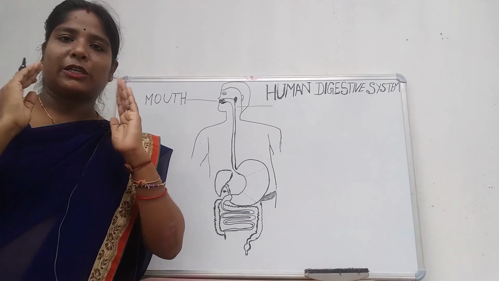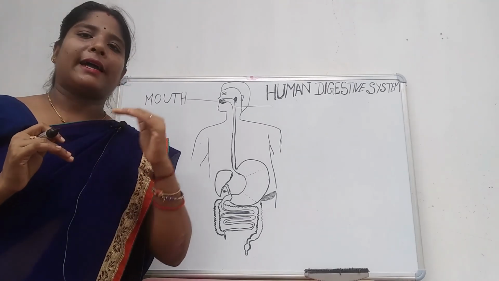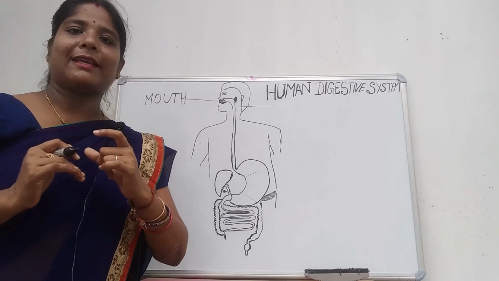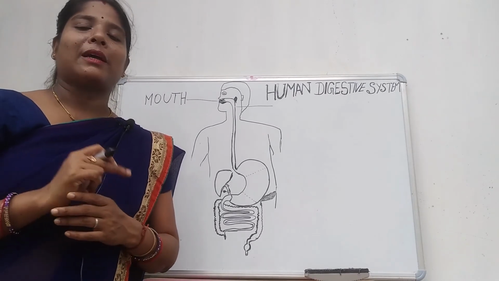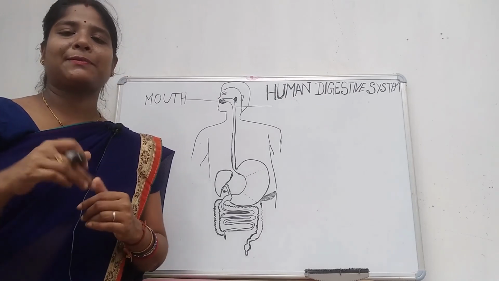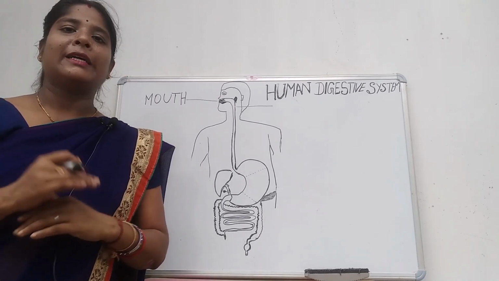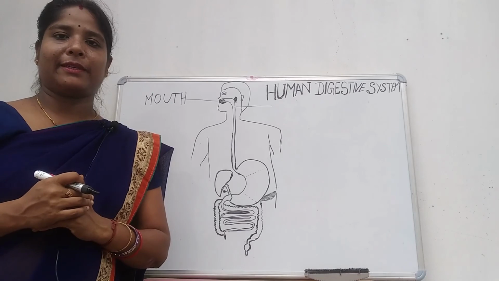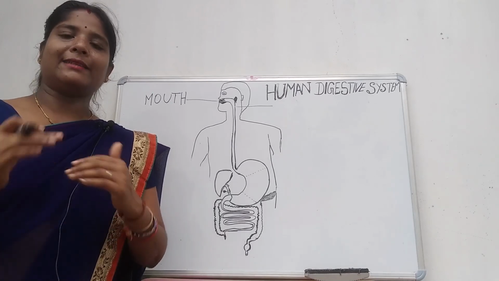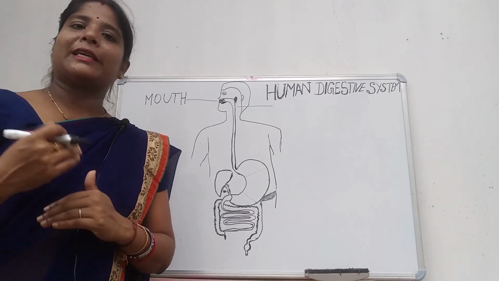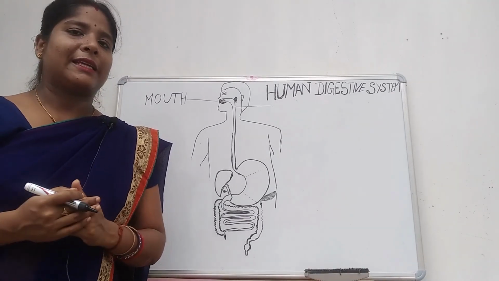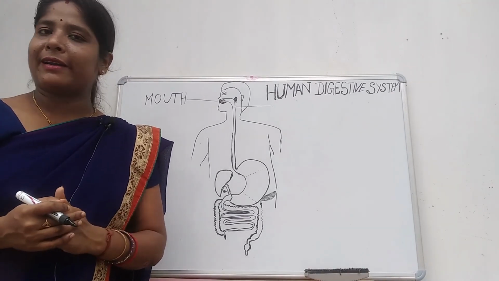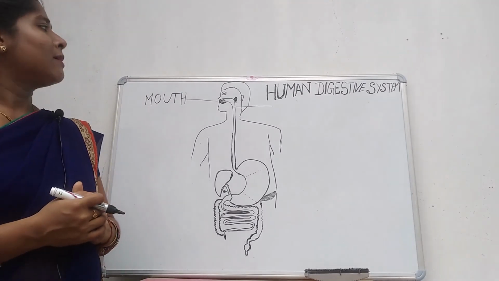It is surrounded by the cheeks, and the two jaws hold the teeth, and there is one tongue. The tongue helps in swallowing of the food, teeth help in chewing of the food, and the salivary gland secretes the salivary amylase enzyme which helps in digestion of carbohydrate type of food, right?